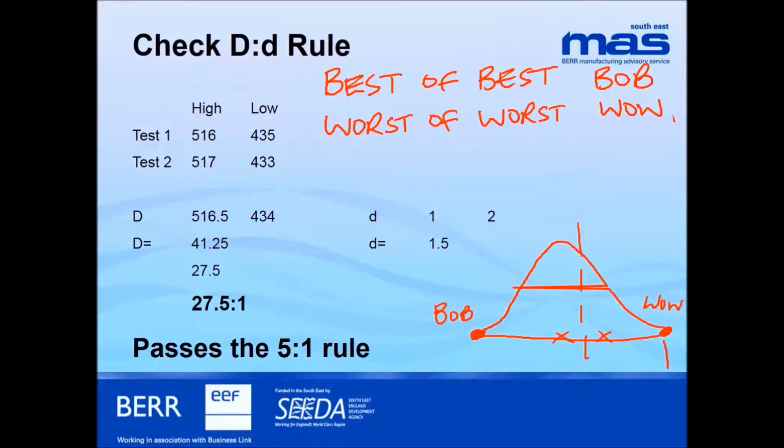And what we've done is created a huge big signal between the two samples that we're going to use. Now that enables us to keep the sample sizes low. We've only taken two pieces. It's very rare to take such a small subset in order to find your problem. This is only possible because you've deliberately selected Bob versus Wow.